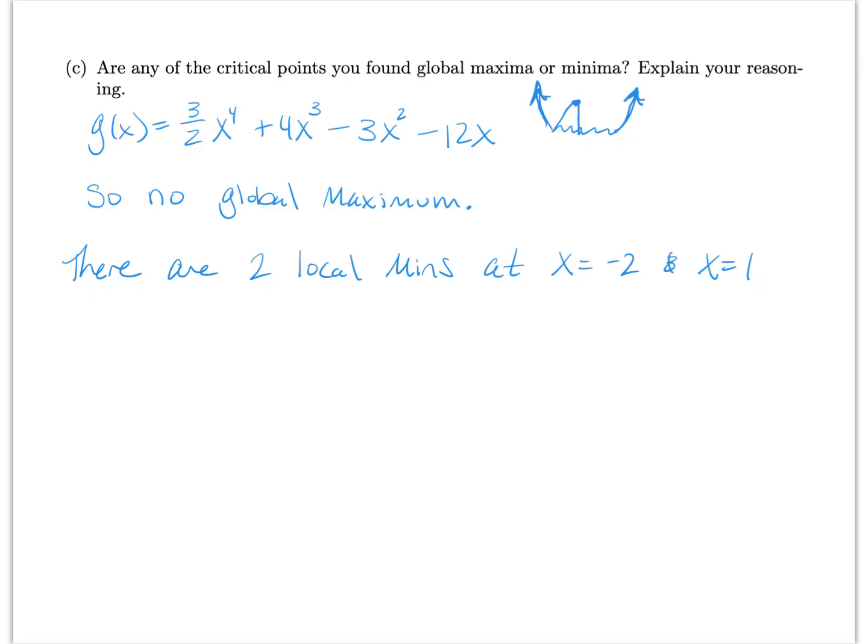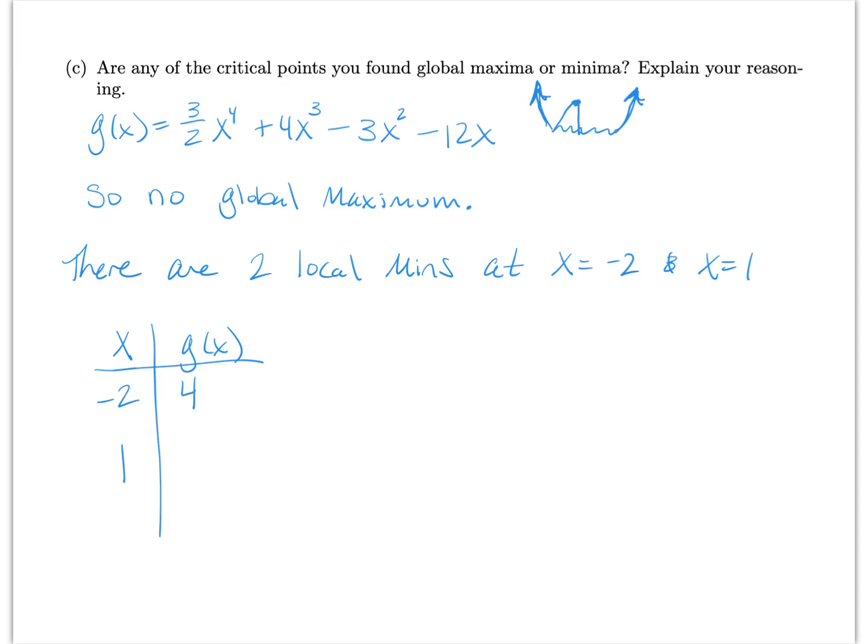So whichever one has the smaller y value is the global min. So we just make a little chart. These are x's, sorry. x and g of x. I'm going to put in -2 and we're going to put in 1, plugging into the original function g. So if I put in a -2, I get 4.